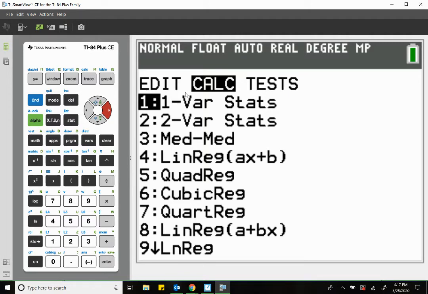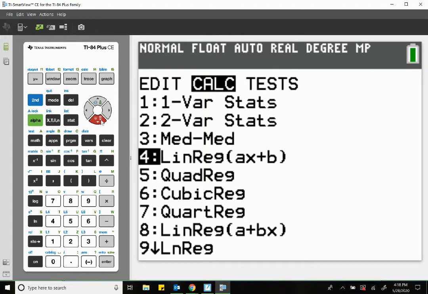But you're going to scroll down to 8. Yes, 4 is the same thing, but since we are in a statistics class, 8 is the way that we do linear regression. It's A plus BX. Number 4 is for algebra. Number 8 is for statistics.